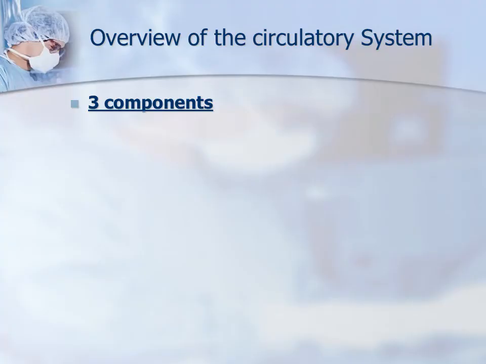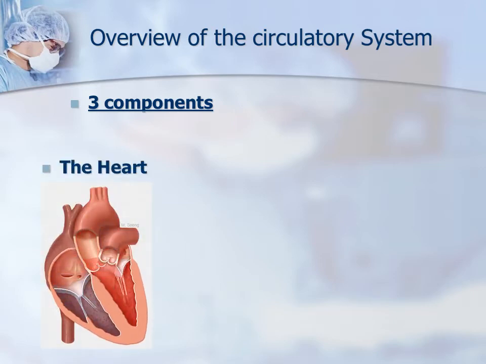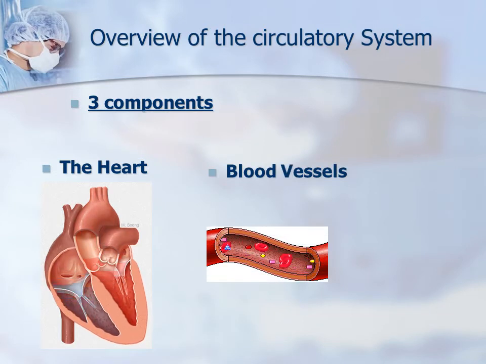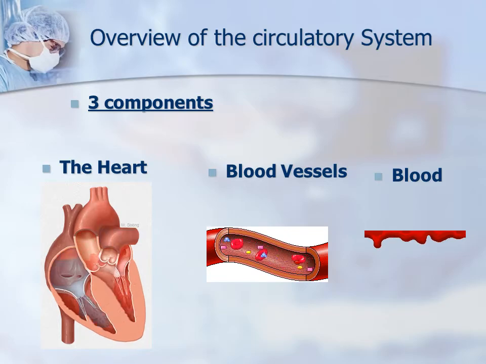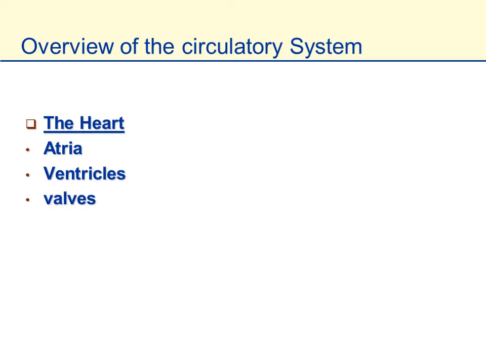We have three components for the cardiovascular system. First, the heart القلب. Second, blood vessels الأوعية الدموية and blood. The heart consists of atria, ventricles, and between atria and ventricles there are valves.